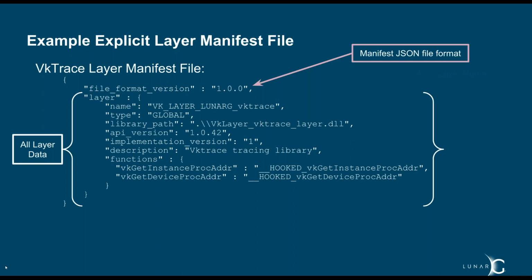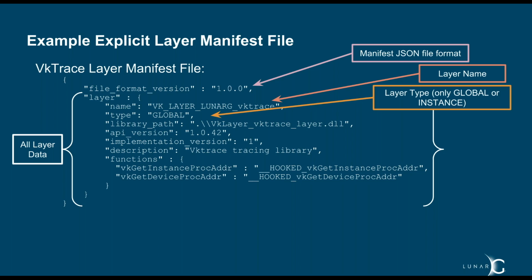So in this layer block, we have a bunch of new fields. The first is the layer name. This is just your identifier that you use all over the place to refer to the layer. So when you enable a layer in programs or through an environment variable, this is the name that you have to use. The type given here can only be global and instance. This field used to have a lot more values back when we had instance and device layers, but because we only have instance layers now, it doesn't really mean a whole lot.